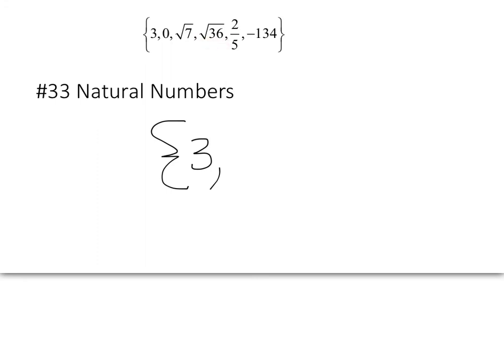You wouldn't think so, but it is, because the square root of 36 is really just 6. Is 2/5 a counting number? No. Is negative 134 a counting number? No. So that finishes up our natural numbers.